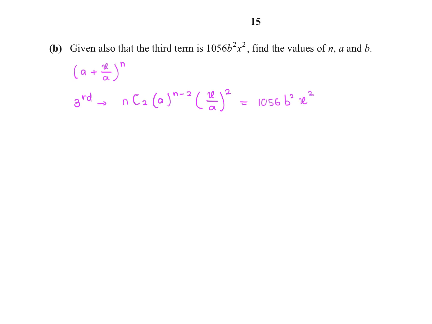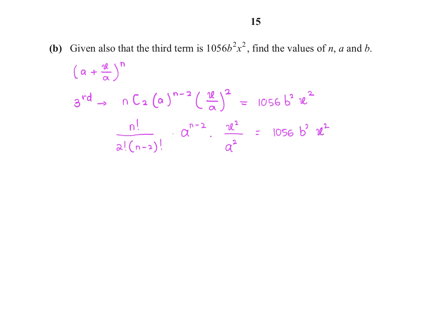Expand and simplify. nC2 is n factorial over 2 factorial times n minus 2 factorial, times a to the powers of n minus 2 times x squared over a squared, is equal to 1056 b squared x squared.